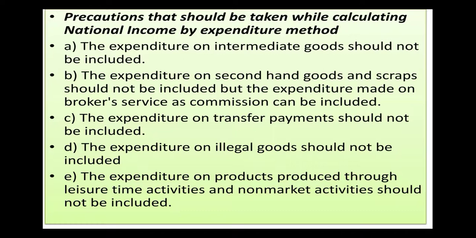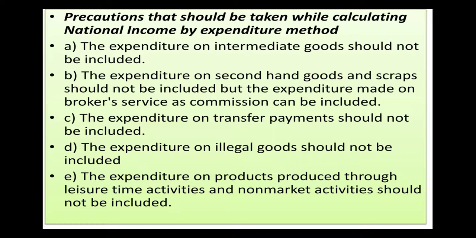The expenditure on transfer payments should not be included. The expenditure on illegal activities should not be included. The expenditure on products produced through leisure time activities and non-market activities should not be included.